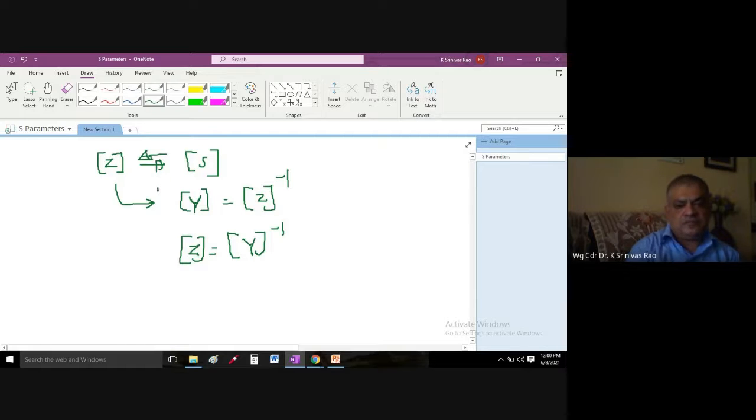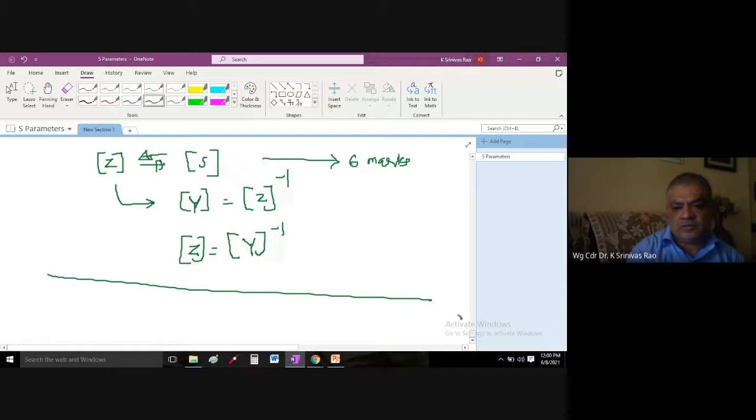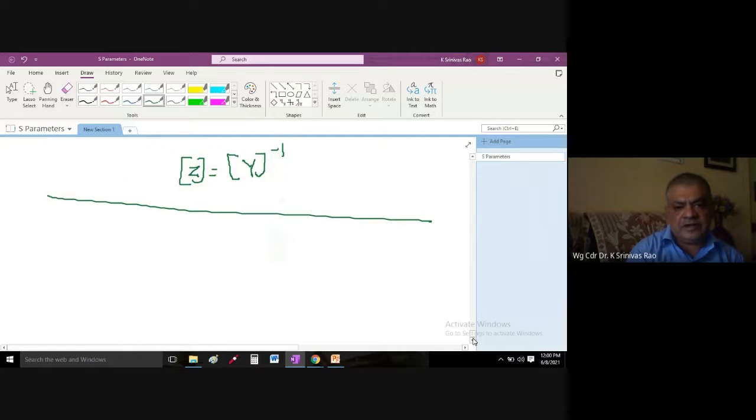Now, in the exam, I have seen that for such a small problem, maybe for 6 marks, they will ask you to find the S parameter from the Z parameter. If you try to solve using a complicated method, it may take half an hour or so, and you will be wasting time. So in order to reduce that, I have taken one good formula from one of the IIT notes.